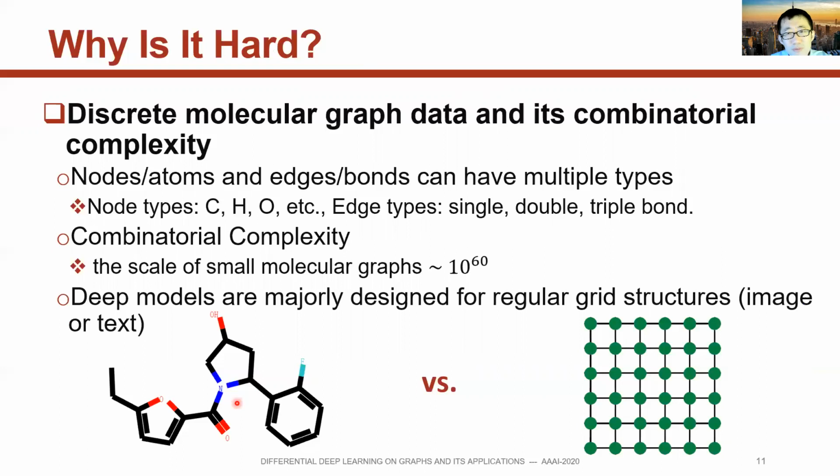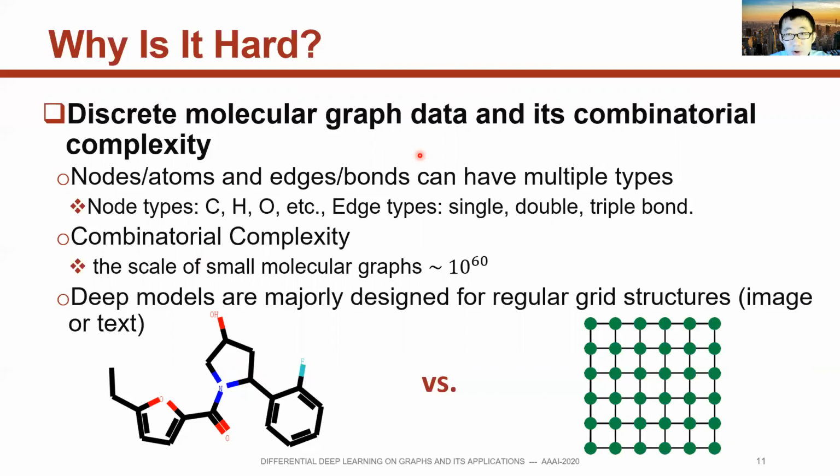Why is this problem very hard? First, we are faced with discrete molecular graph data and their combinatorial complexity. Here, nodes represent atoms, for example, carbon, hydrogen, oxygen atoms, and so on, and edges are bonds, for example, single, double, and triple bonds in physics. Both nodes and edges have multiple types.